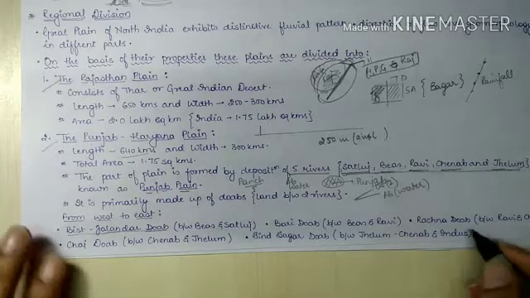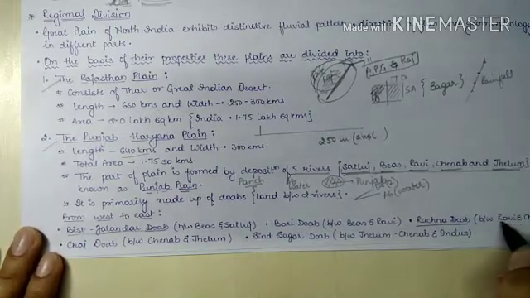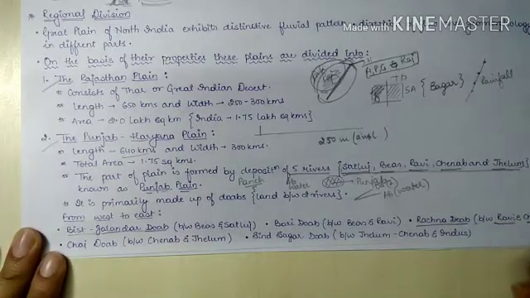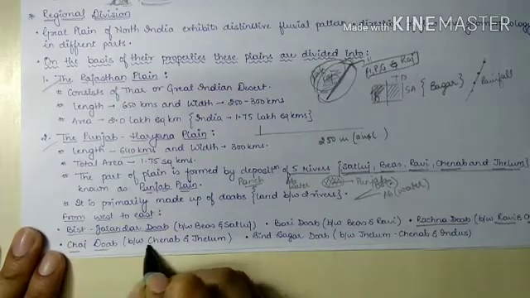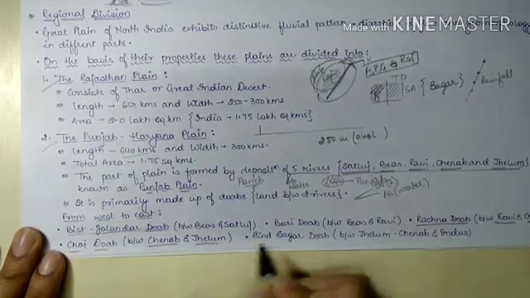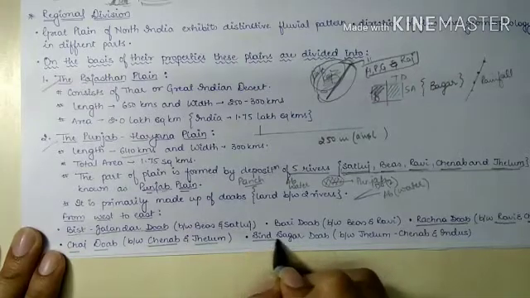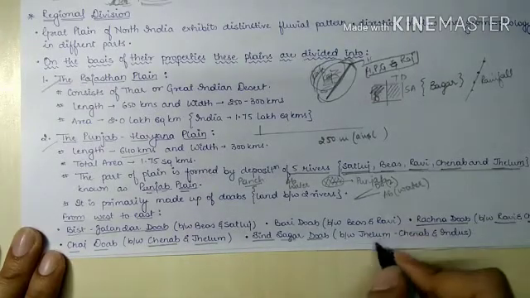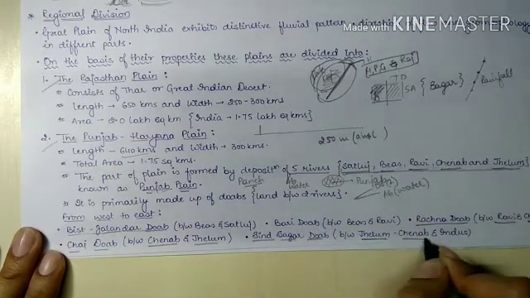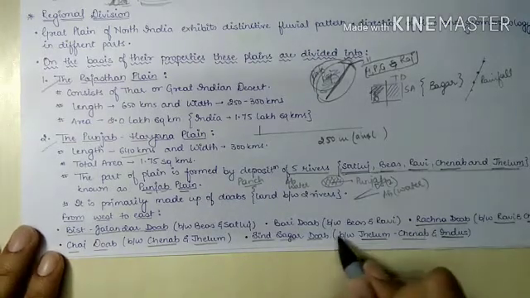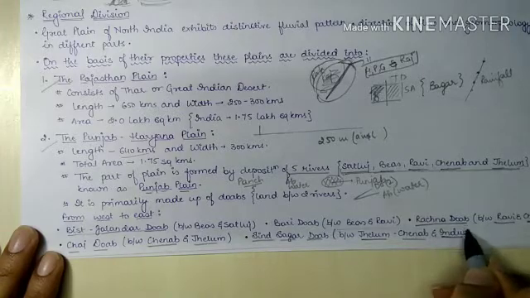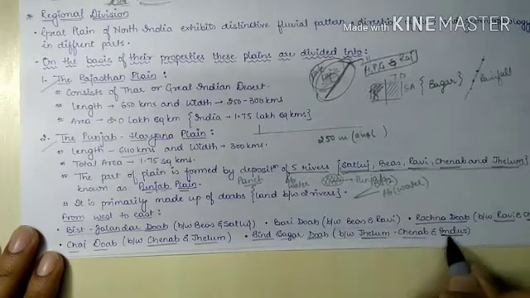Then we have Rachna Doab, between Ravi and Chenab. Then Chaj Doab, between Chenab and Jhelum. Then we have Sindh Sagar Doab, which is between Jhelum, Chenab, and Indus River. So the Sindh Sagar Doab is formed by three rivers.